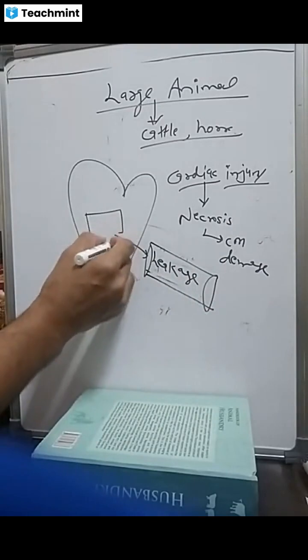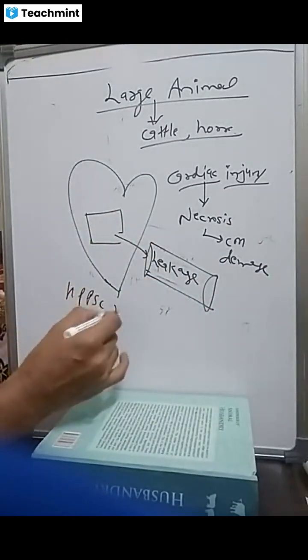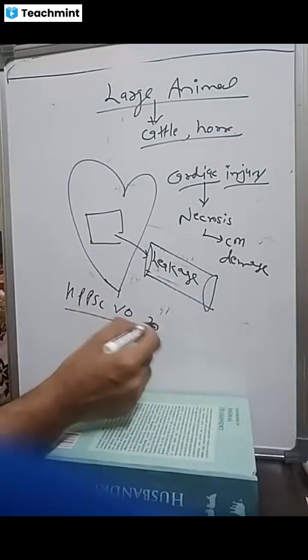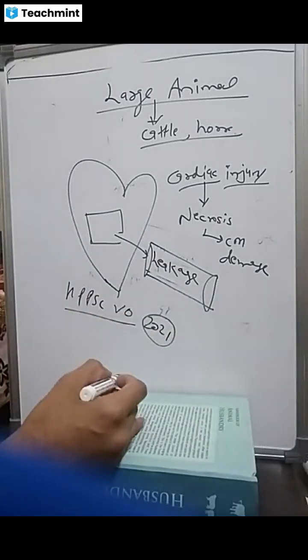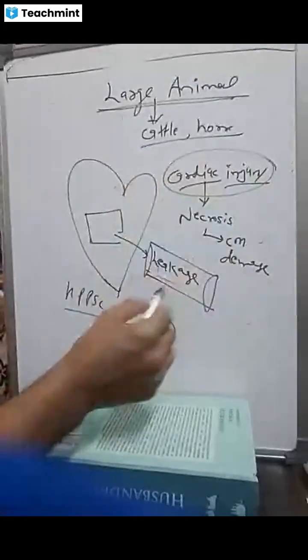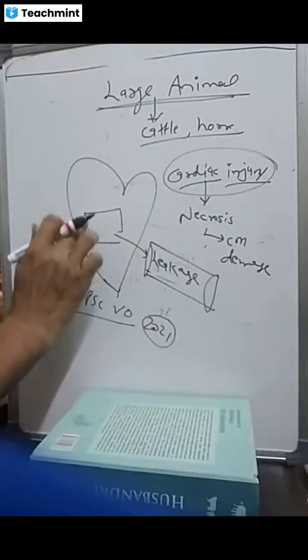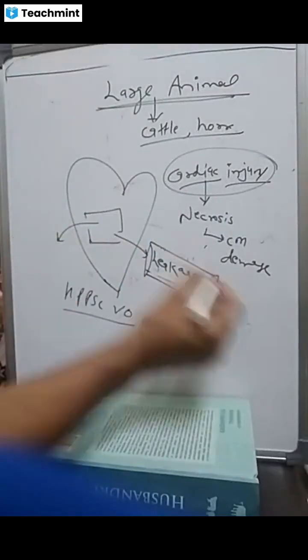So this MCQ was asked in the HPPSC VO exam 2021: in case of large animals, the cardiac injury biomarkers are, so from this heart, what leaks out?